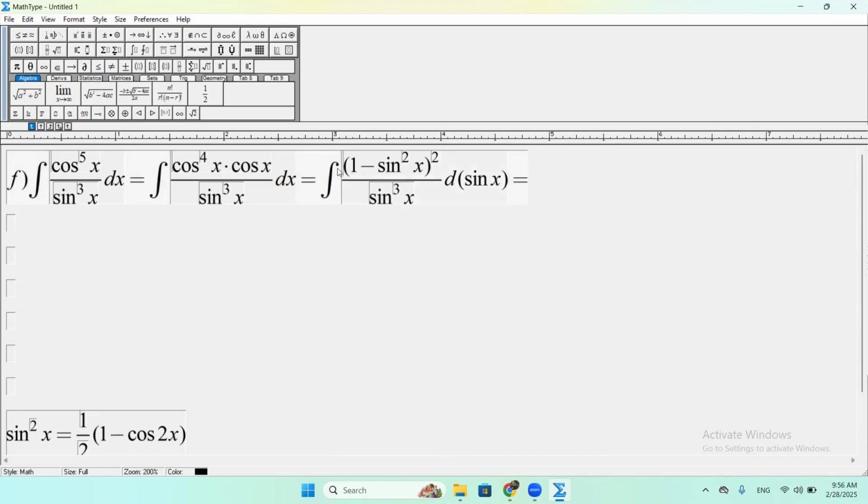So now expand in brackets. So 1 minus 2 sine square of x plus sine in power of 4 of x. Now dividing everything by sine cube, and we will see what we have.